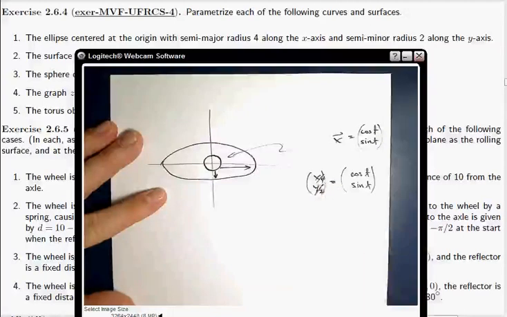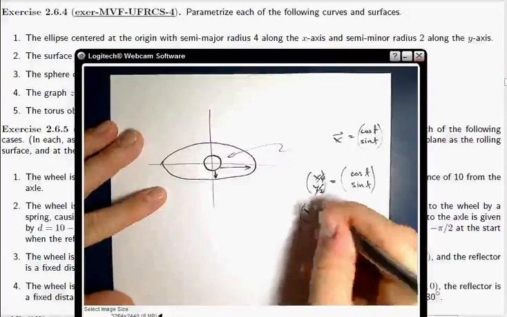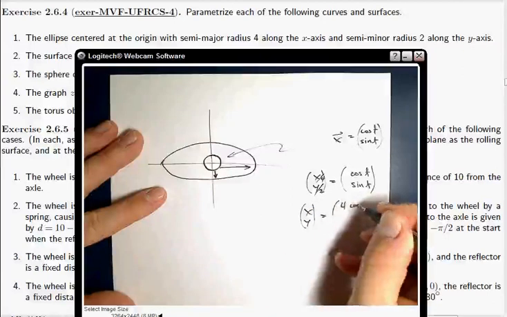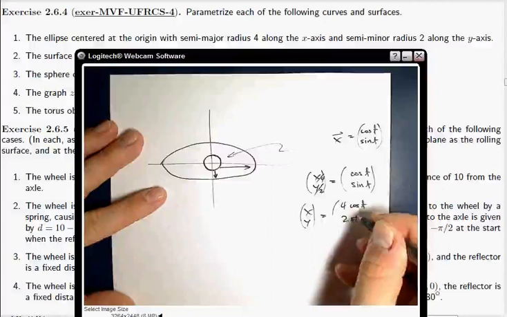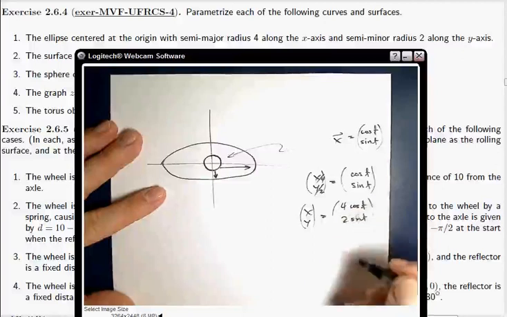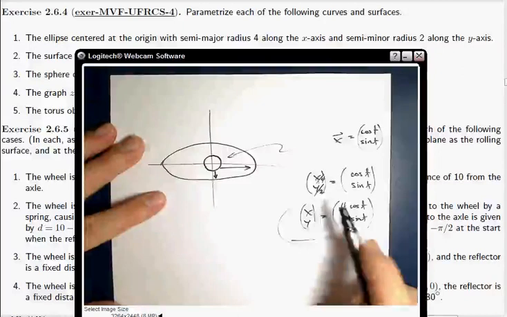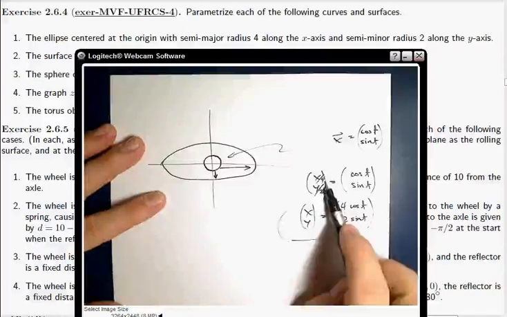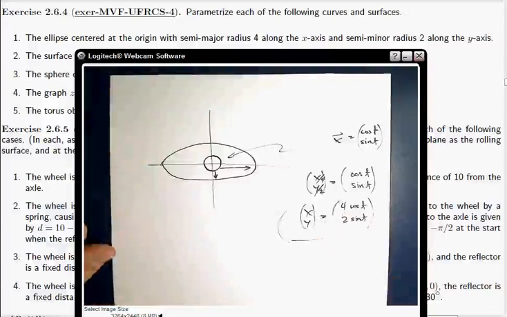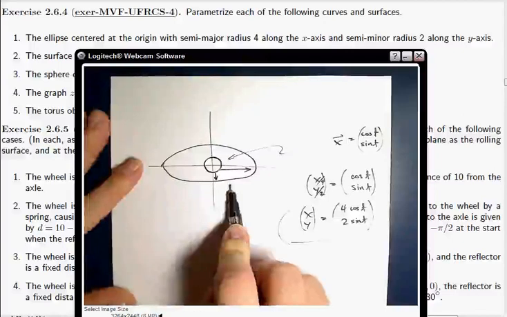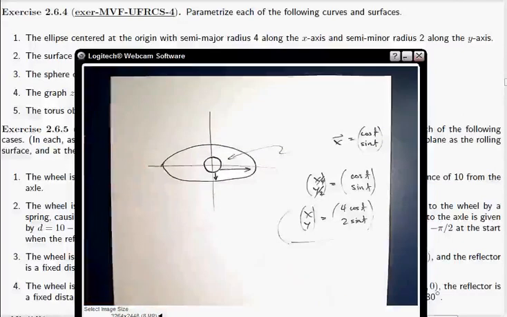But effectively, what that does is it takes the values of x and y and multiplies them by 4 and 2. So you can view this as being perfectly consistent with the approach that we took when we were doing equations back in 2.2, I guess it was. So a stretched out circle is the point. And you can do something similar with part 3 here.